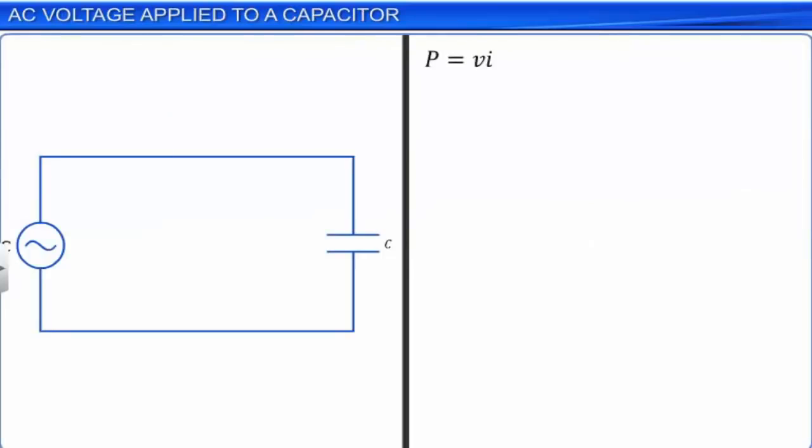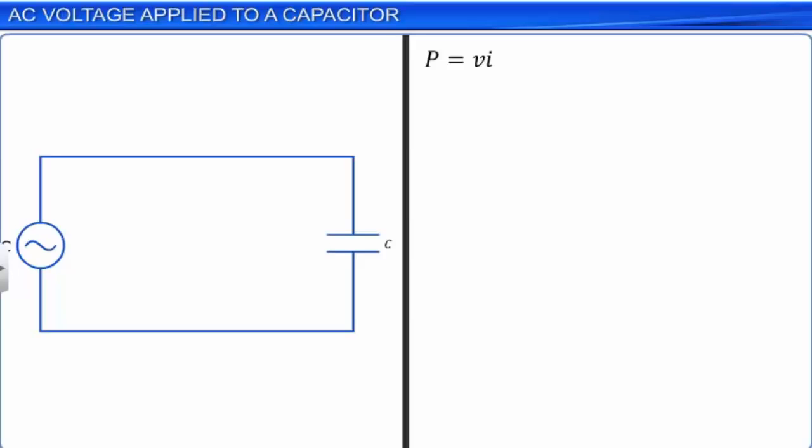Let us now look at power dissipation through the capacitor compared to a resistance. The instantaneous power supplied, P, to the capacitor is the product of voltage and current through any circuit element.